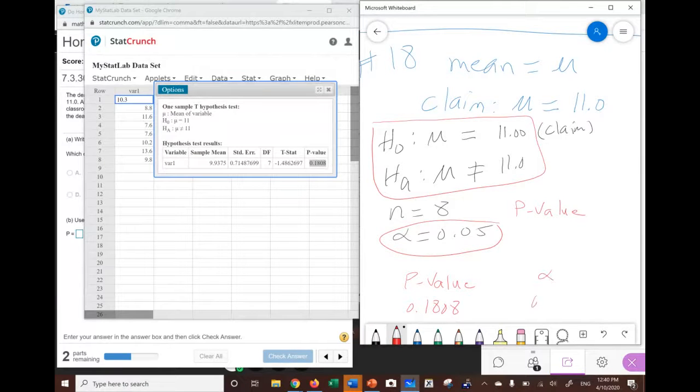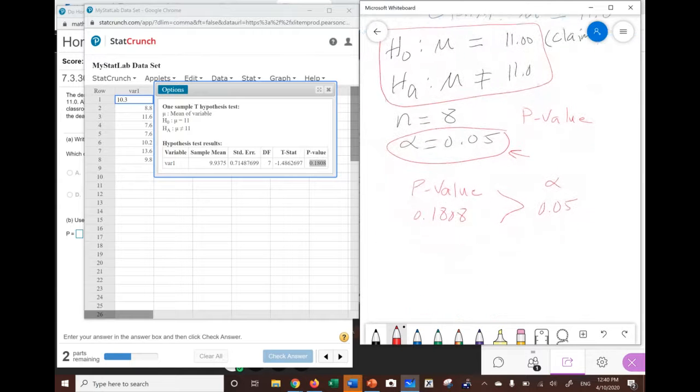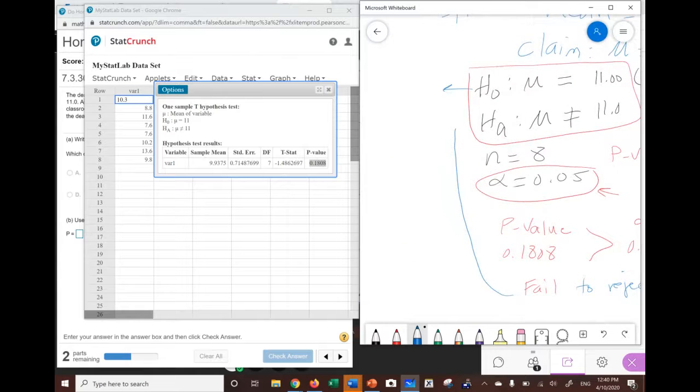Notice that alpha is 0.05. Since the p-value is bigger than alpha, as 0.18 is bigger than 0.05, we're going to fail to reject H naught. So we go up here and write next to H naught: fail to reject.